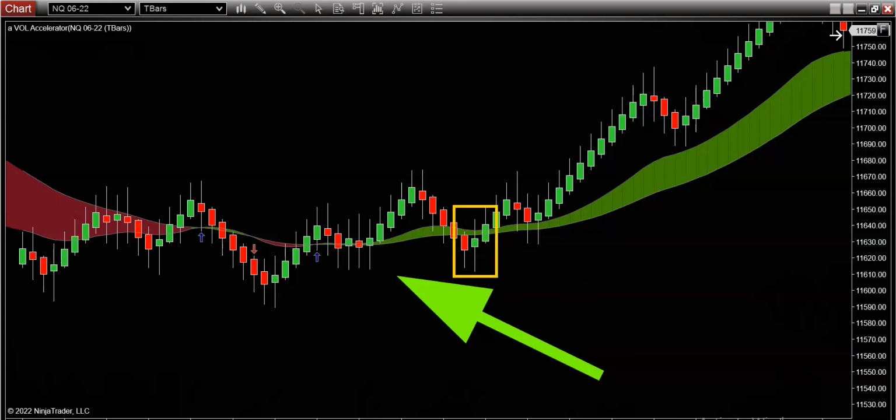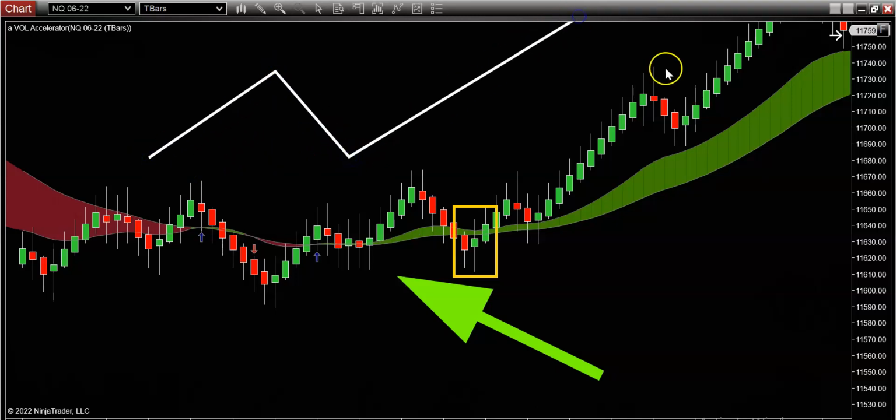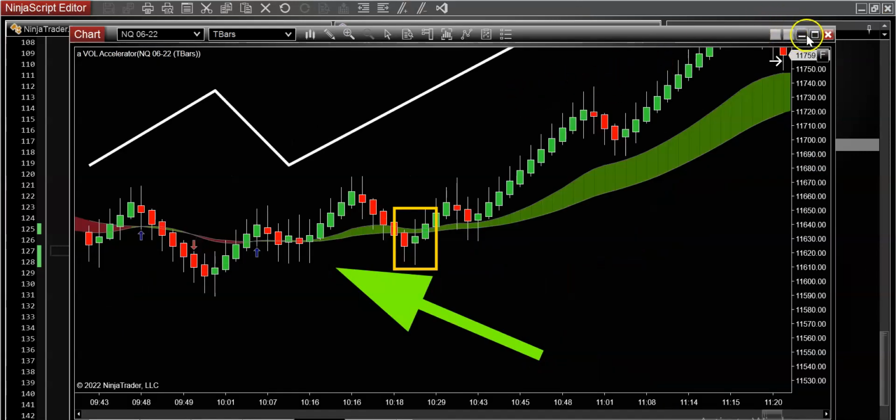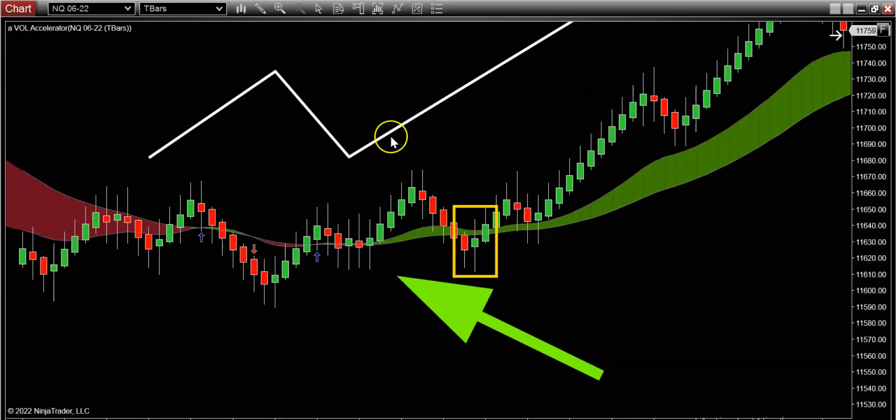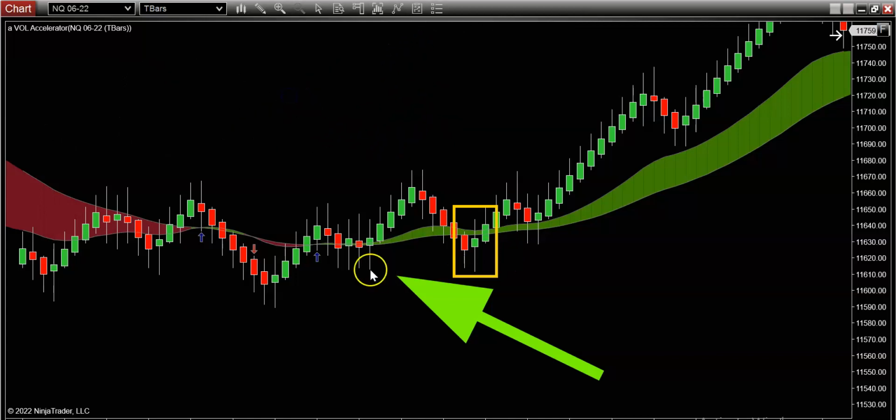Tell me that's not the most beautiful thing you've ever seen. Again, retracement. Leg 1, leg 2, leg 3. We're done looking for setups. We're done looking for the pattern. That's the pattern. Okay? 1, 2, 3.